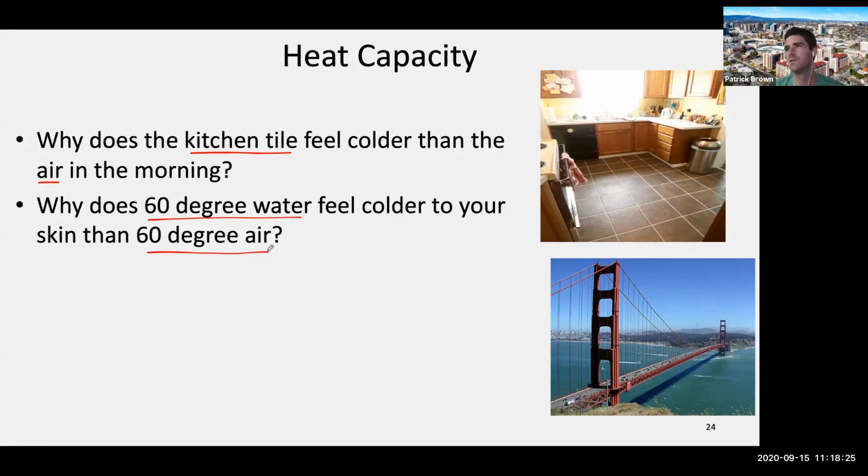And someone said cold is just a lack of heat. That's a very good point. In physics, there's no such thing really as cold. There's just how fast are molecules moving. They can be moving zero, not moving at all, and we call that absolute zero temperature. Or they can be moving faster than zero, and then it's just how fast are they moving, and that's how much temperature there is.